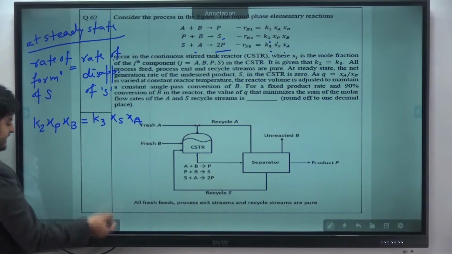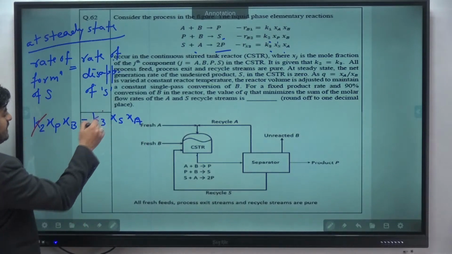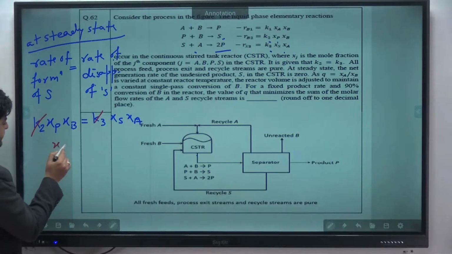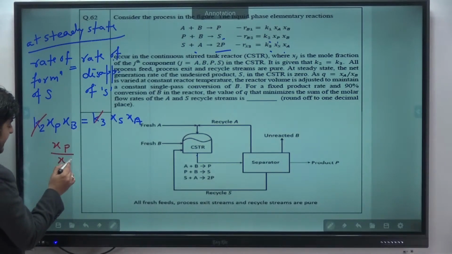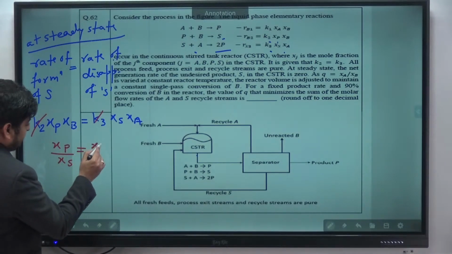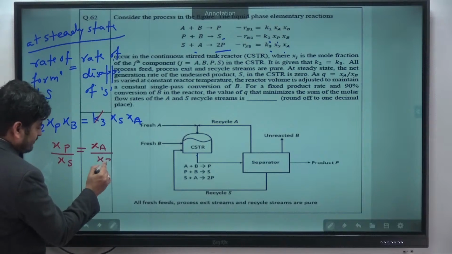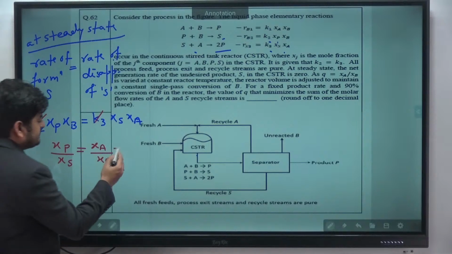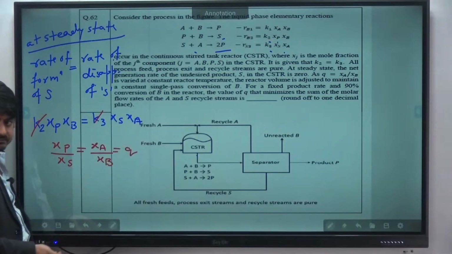So K2 and K3 as given, they are equal, so they will get cancelled out and we will be left with XP upon XS is equal to XA upon XB, which is nothing but Q as given.